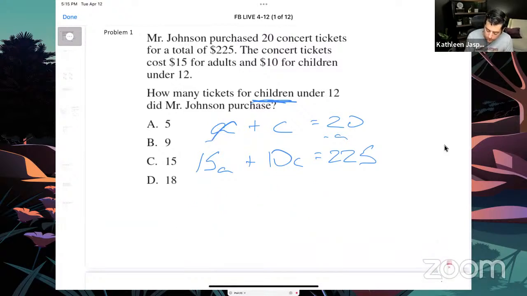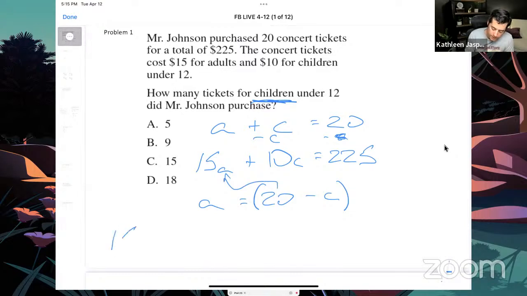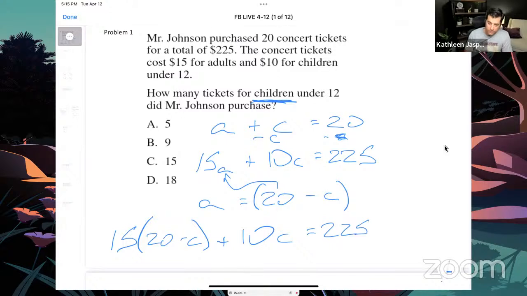So let me go back. Remember, we took away C and that left us with A is equal to 20 minus C, this quantity here. This now goes in here. So it now becomes 15 times the quantity 20 minus C plus 10C is equal to 225.